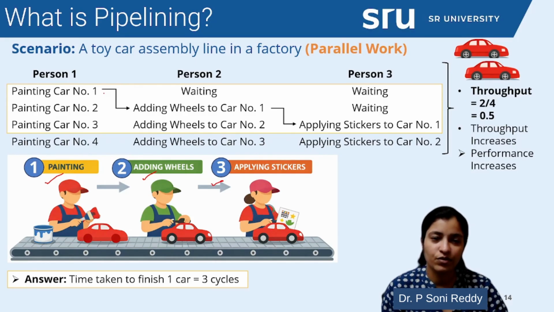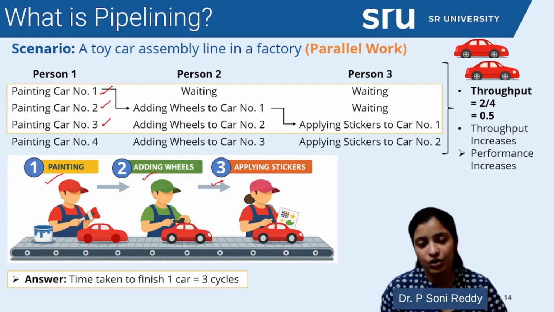So as soon as we finish the first step of car 1, we can move on to the next car 2, and then on to car 3. We have already discussed in the previous lecture how this entire process of generating the toy cars in the production lineup can be performed in parallel execution, and how this parallel processing is improving the execution time.